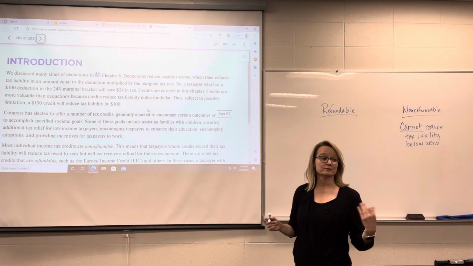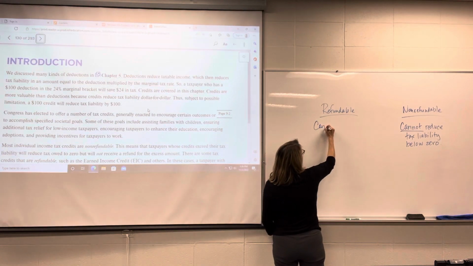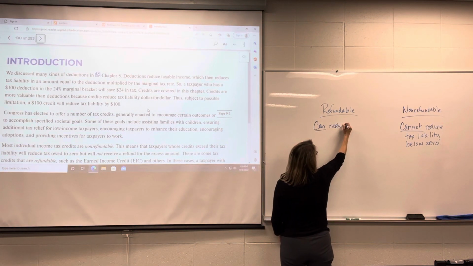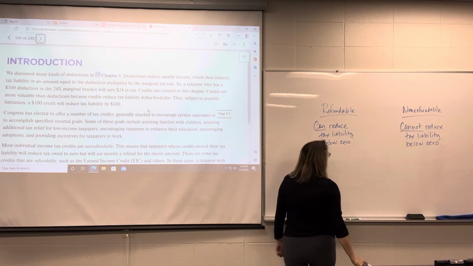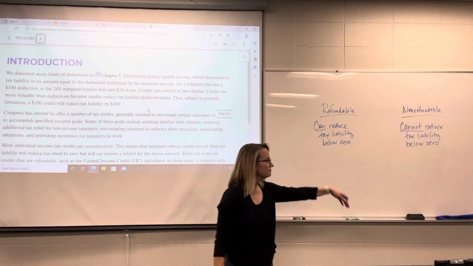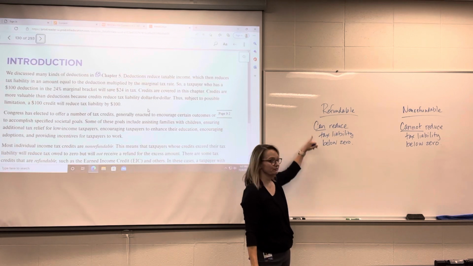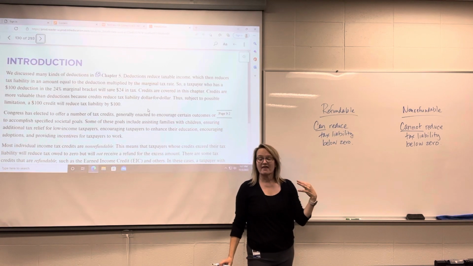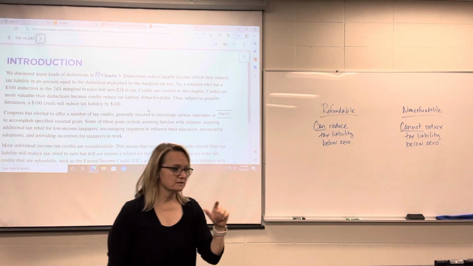Refundable credits can reduce tax liability below 0. This means that even if you don't have any tax liability, if you are entitled to a refundable credit, you get money back. That's the stimulus checks that they sent out.